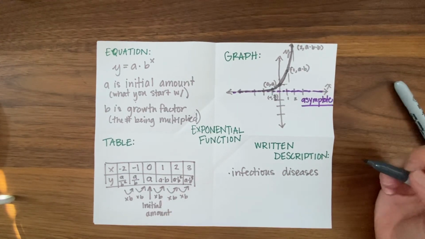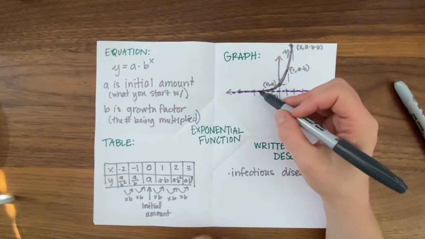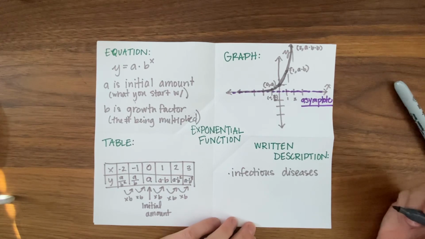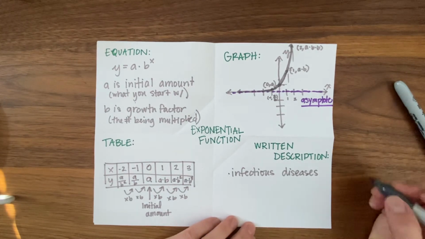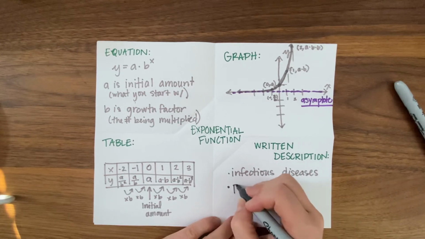And if you look at some of our COVID data, you can notice that curve right there. Okay, so infectious diseases, another one where we see exponential growth is population growth.